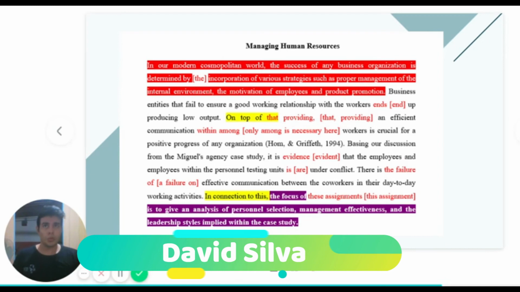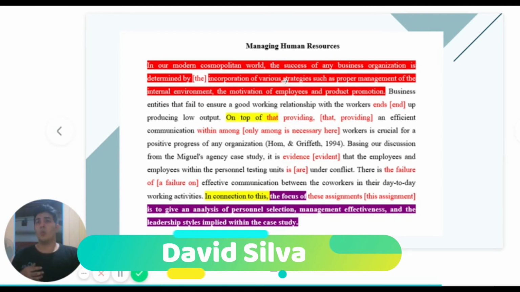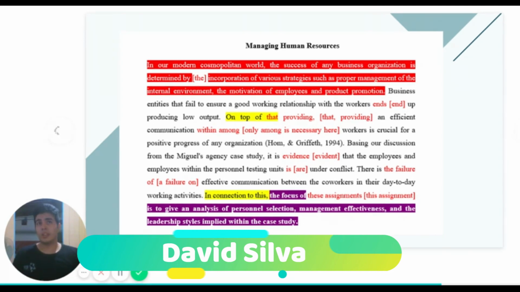Starting with the introduction, which showed us from the beginning an incorrect opener for the hook, which did not finish hooking the reader from the beginning of the text.